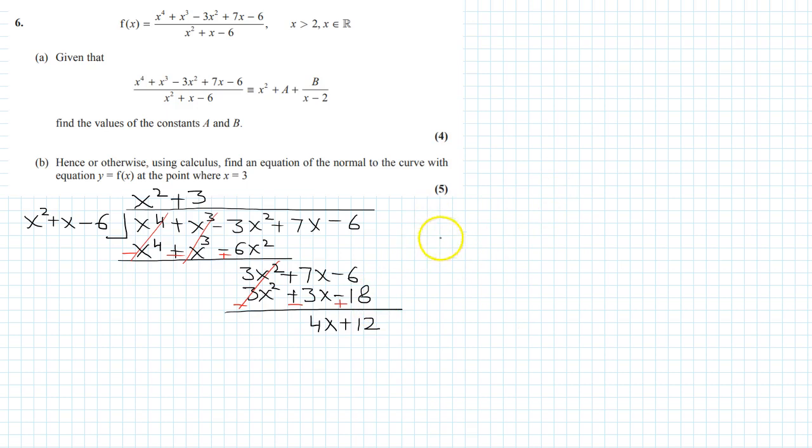So f(x) will be equal to x squared plus 3 plus, now we have the remainder 4x plus 12.